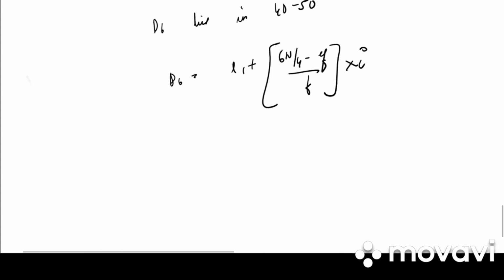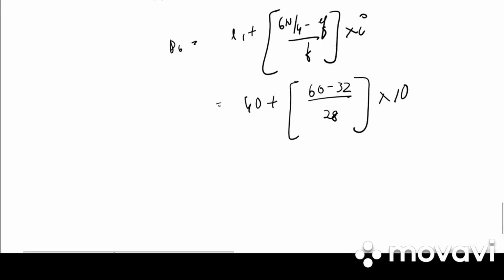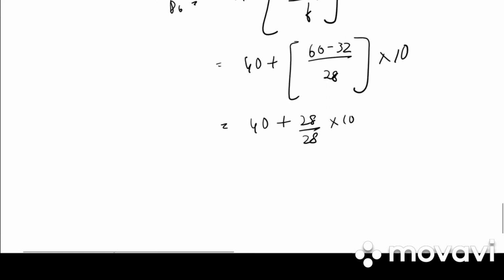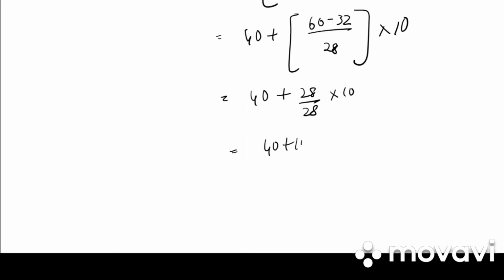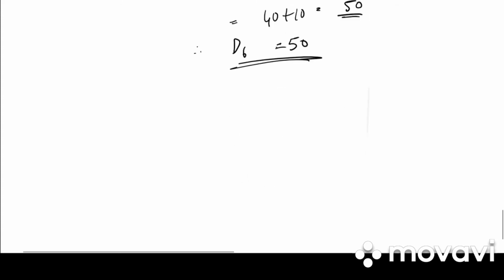D6 is equal to L1 plus 6n divided by 10 minus Cf divided by f into i. L1 is 40 plus 60 minus 32 divided by 28 into 10. 40 plus 28 divided by 28 into 10. So it is 40 plus 10, that is 50. Therefore D6 is equal to 50.